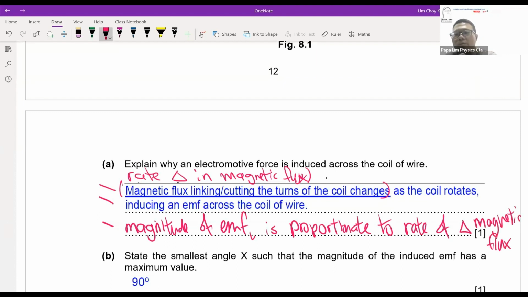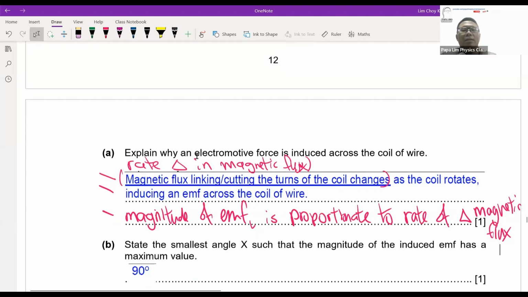So usually when we look at Faraday, I always remind the students to write down these three points, to have a standard set of answers for magnetic flux. Okay, so it's easier for students to navigate through all the sea of keywords.